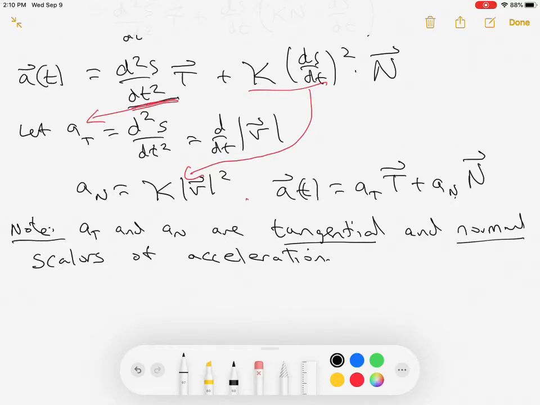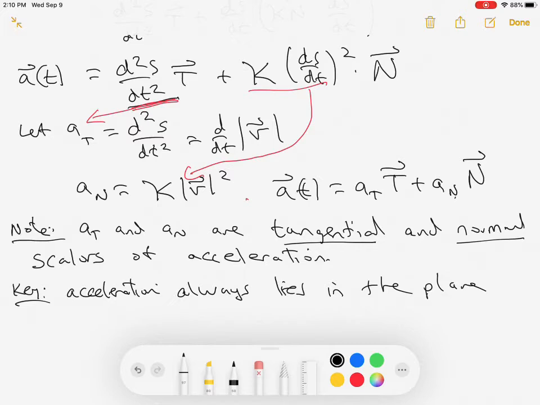So these are scalars. And this is key: acceleration always lies in the plane that's formed with the vectors T and N, which is called the osculatory plane. Osculatory plane.